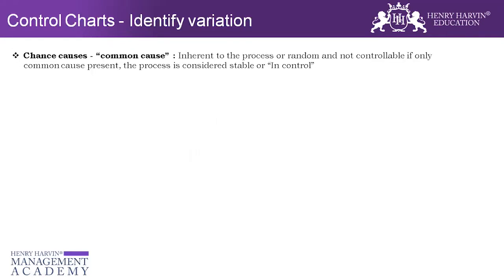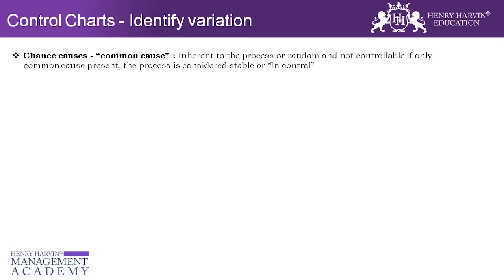Before we understand the upper and lower control limits, let's understand the different sorts of variation that we have. We know common cause is inherent to the process, random and not controllable. If only common cause is present, the process is considered stable or in control. Common cause variation is there in almost all processes, sometimes not controllable.